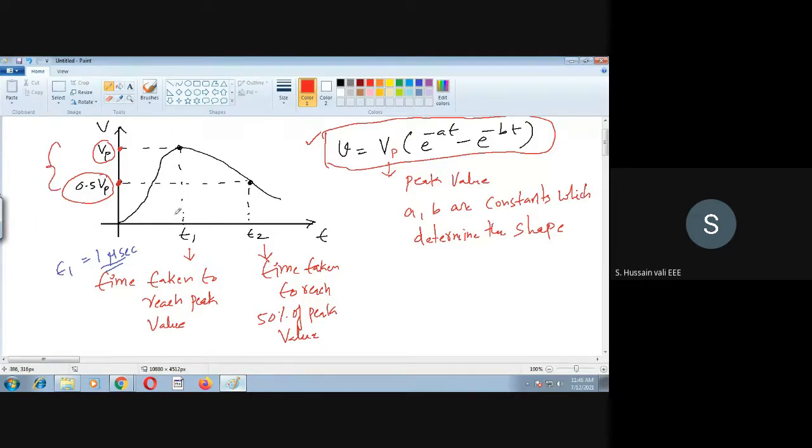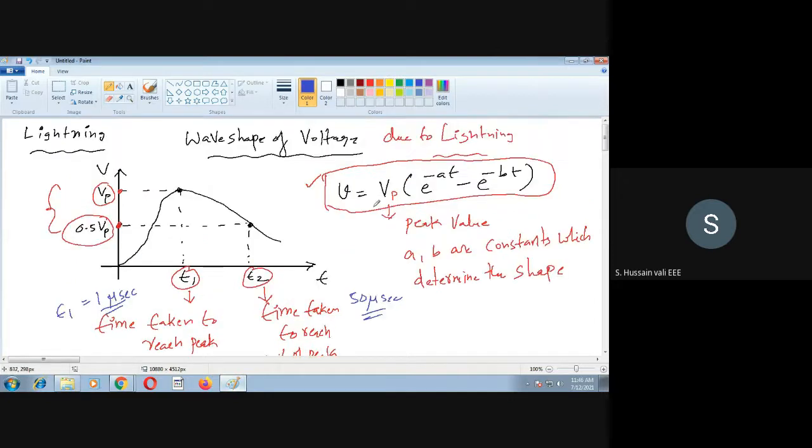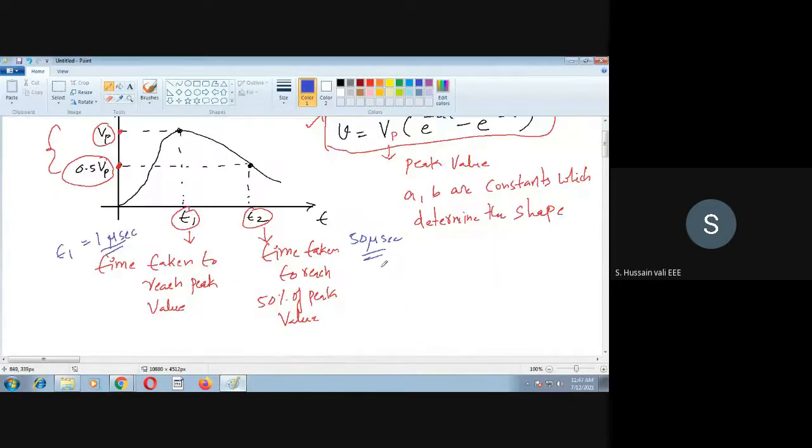This time you call T1, whereas this time you call T2. This value is approximately 50 microseconds. This is the shape of the voltage waveform during the lightning, and this is the equation that governs this wave shape. The general values of T1, T2 are 1 microsecond and 50 microseconds.